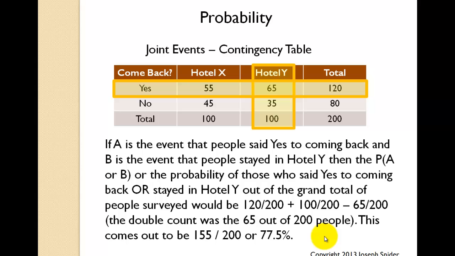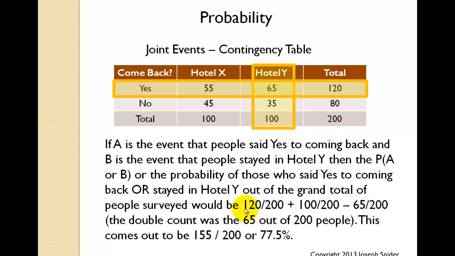So if A is the event that people said yes, and B is I stayed in hotel Y, then the probability of A or B, those who said yes to coming back or stayed in hotel Y, is 120, which is the row total for yes, plus 100, which is the column total for hotel Y, but we've double counted this 65 right here, and we have to take one of those out.